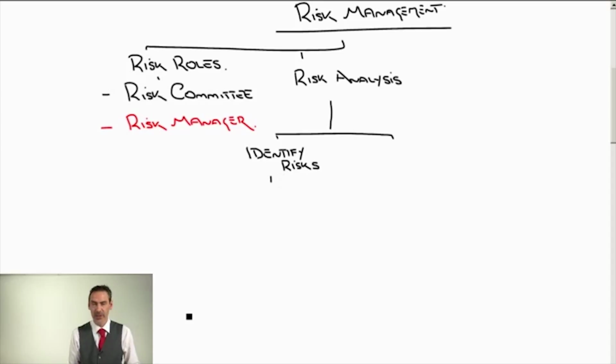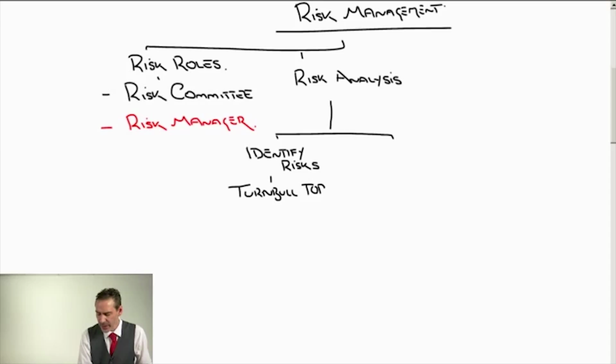Now, there's a lot of things that he can play around with and deal with in relation to that area. For instance, when we went through this, we talked about Turnbull's top 10 risks. No one's going to ask you what those 10 risks are. That's not going to happen.